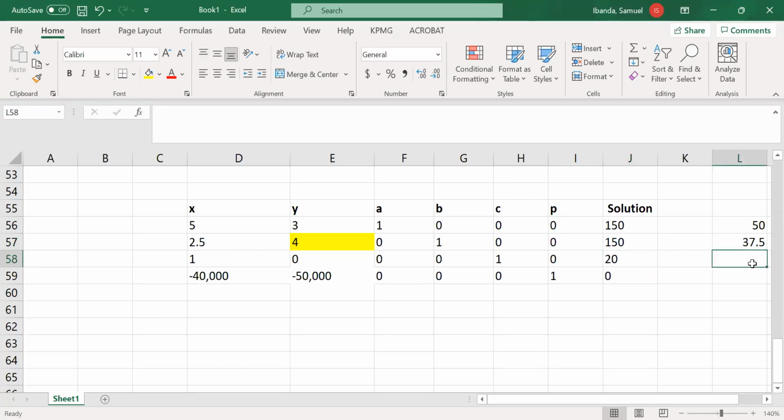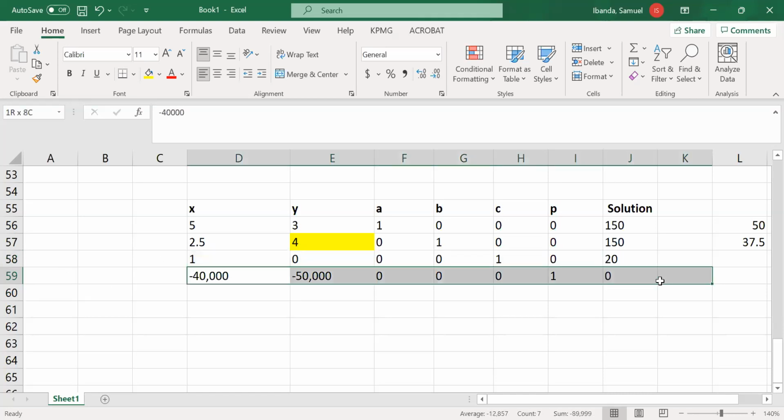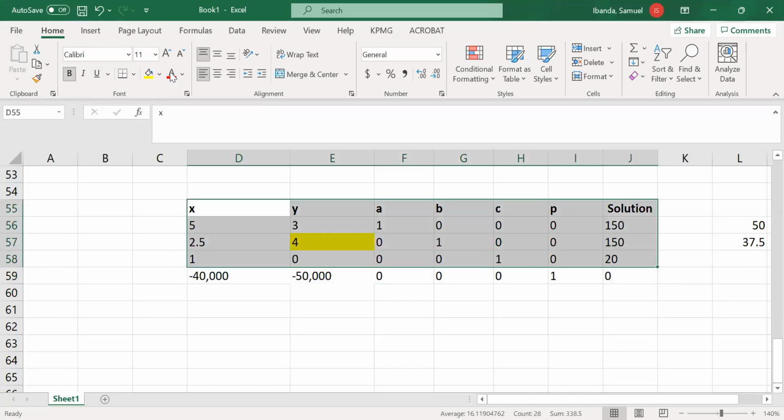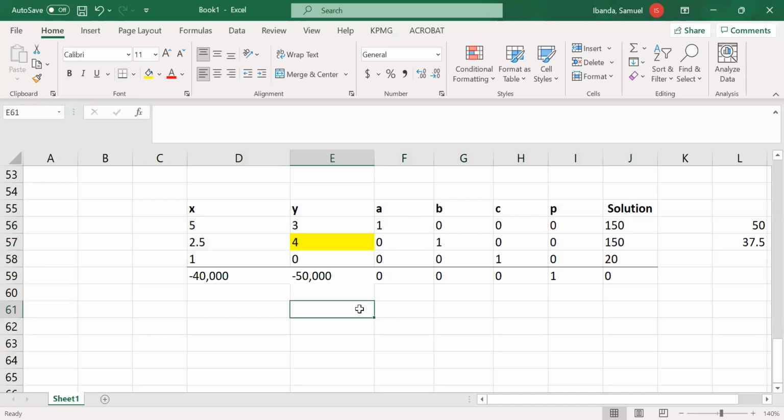The 0 row is not considered, because it is a section on its own. This is the solution part, and when you are writing, you put this mark here just to show that the bottom is the solution part. So all we are looking at are these 3 lines.